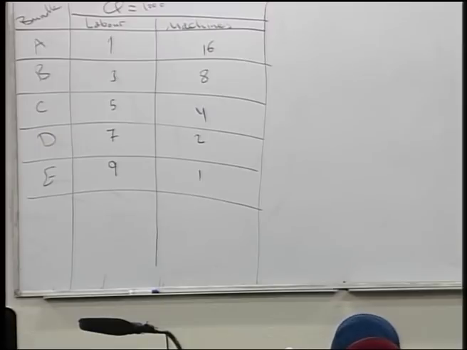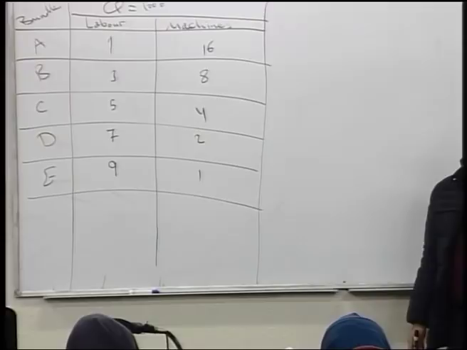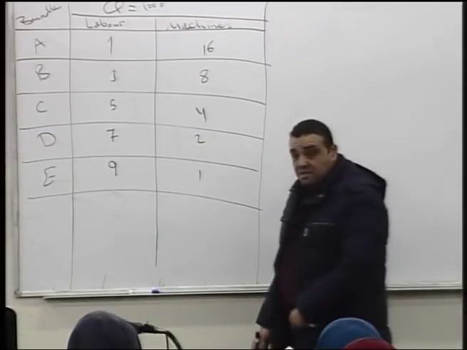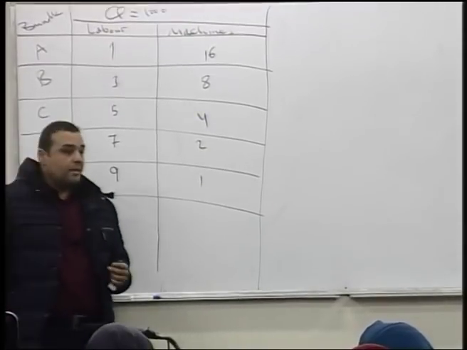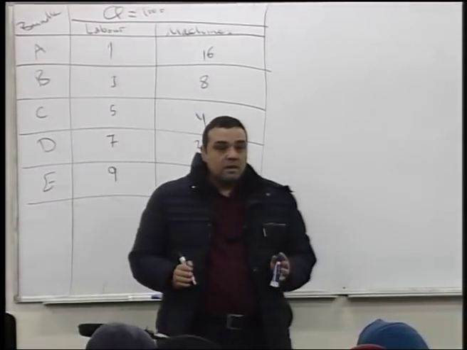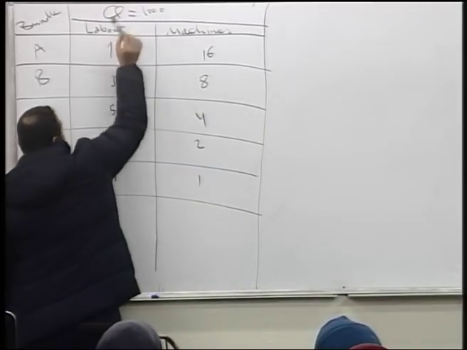In this example, we are talking about a producer. This producer can use different bundles of factors of production, labor and machines, and he intends to produce 1,000 units.